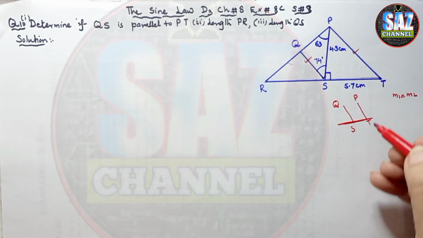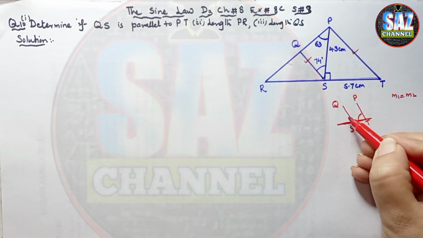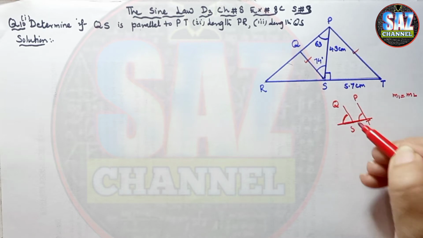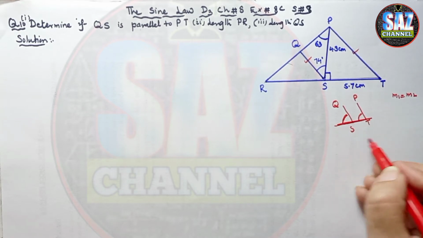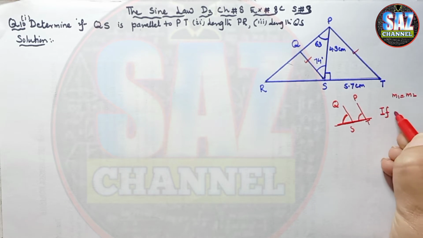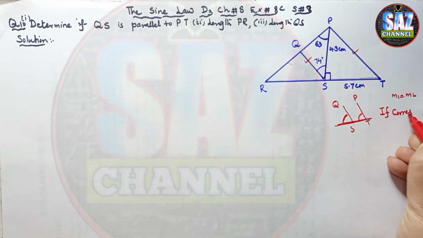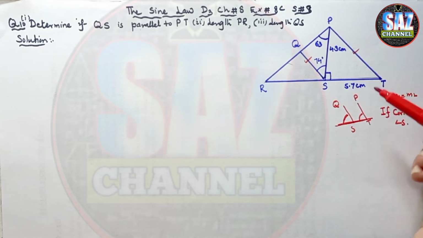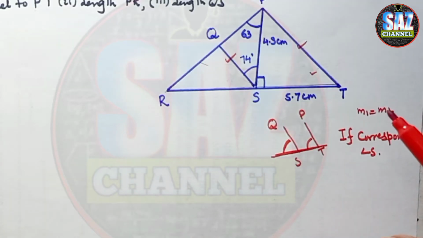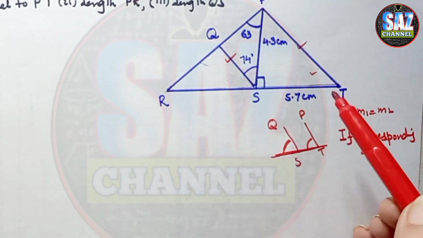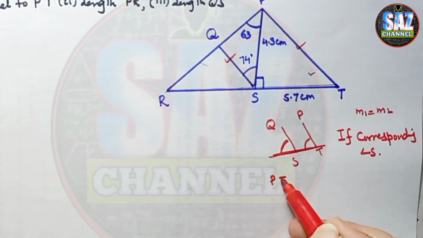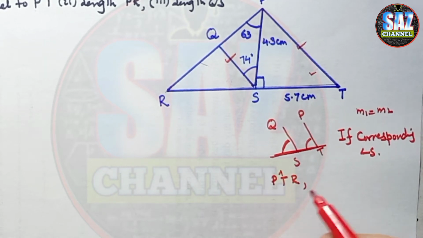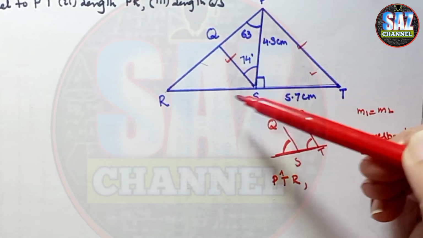If these two lines are parallel and we can take RT as the transversal, then you can see that this is a formation of F, angle at T and angle at S. If they are the corresponding angles and they are equal, then the lines will be parallel. So in order to show that the lines QS and PT are parallel, we have to find angle PTS and another angle QSR.